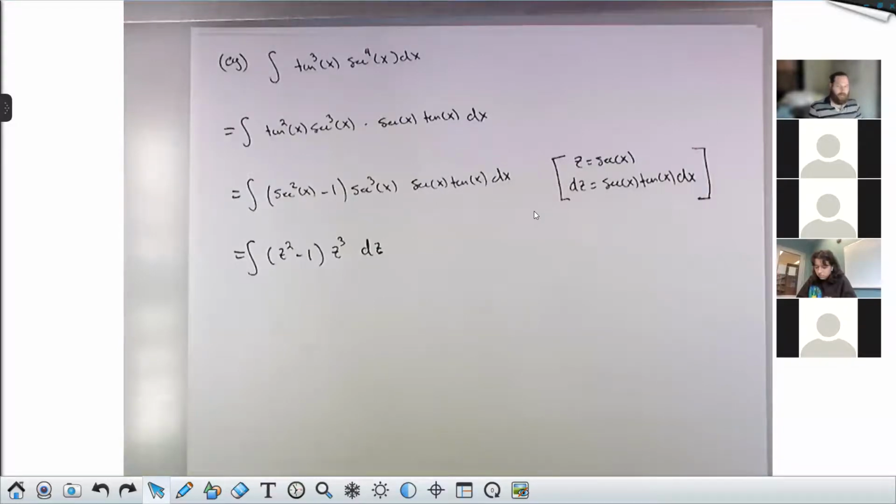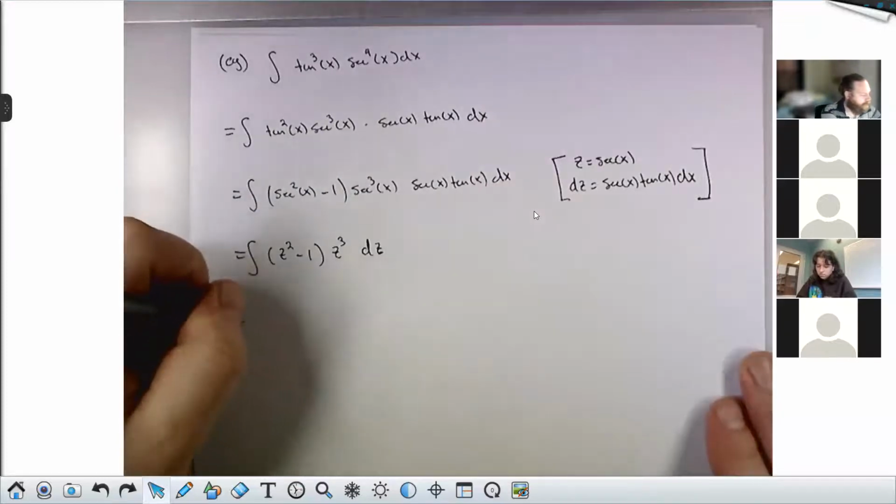Which is slightly different than the integral we got last time. But we would expect it to be different because we're subbing for a different function. The idea is that with these trig identities, there's multiple ways of writing any function.